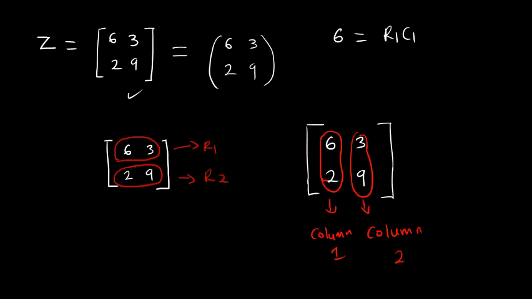For the element 3, it is also on the first row, but on the second column. When you consider the 2, it is on the second row, but on the first column. And the 9 is also on the second row, but on column 2. So we use this to tell the position, or where an element is in a matrix.